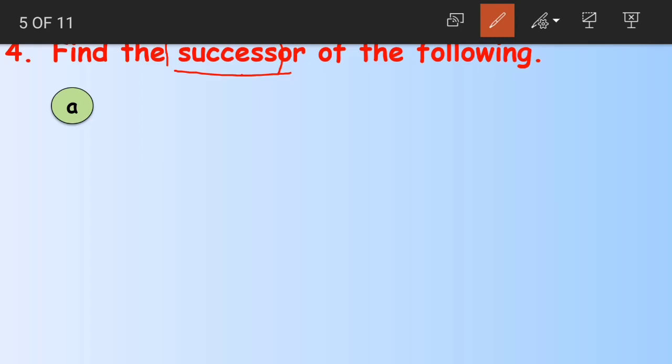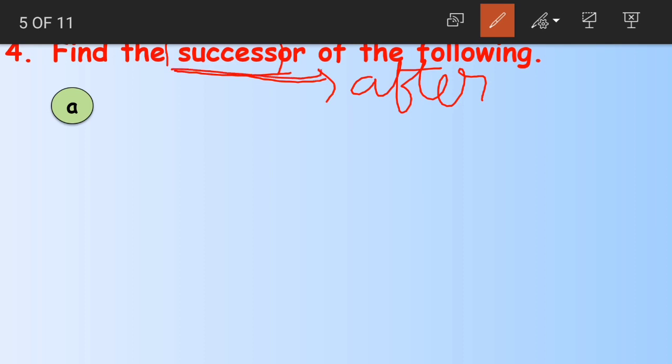After solving the homework problems, you can say that I have successfully completed my homework. You cannot say that before solving it, right? So success always comes after.